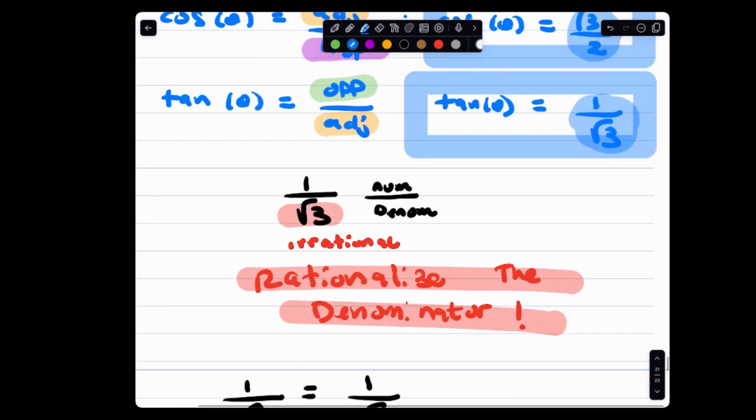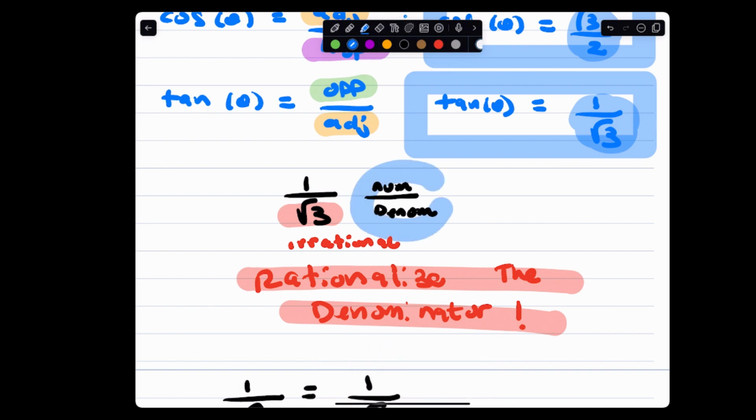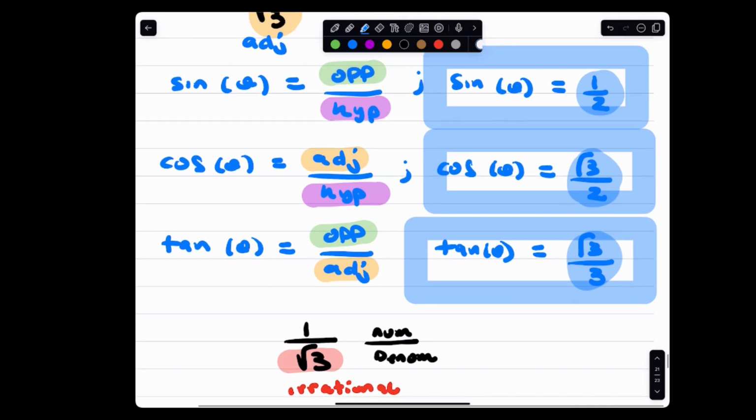So, this fraction is also written as the square root of 3 over 3. And that is rationalizing your denominator.